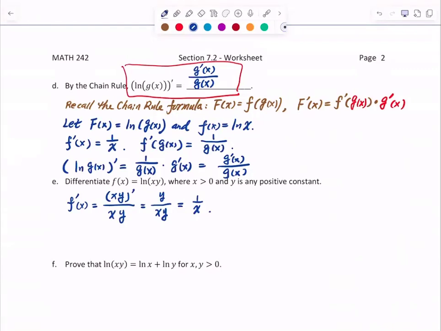So that tells you that ln x and ln of xy, in this case where y is a positive constant, differ by a constant.